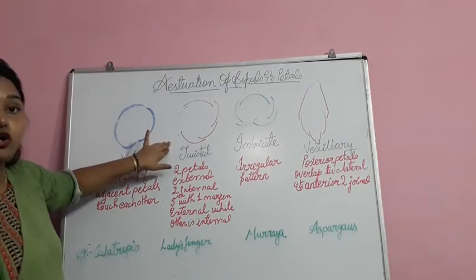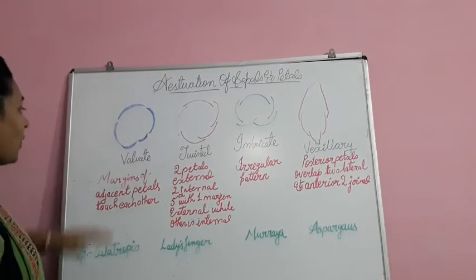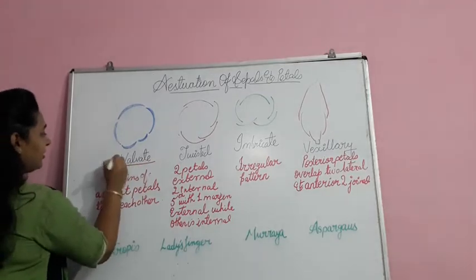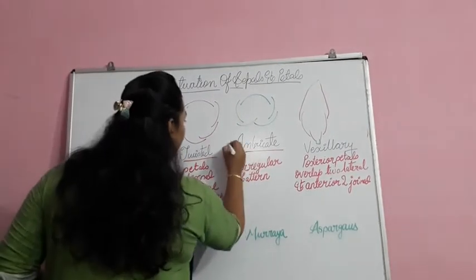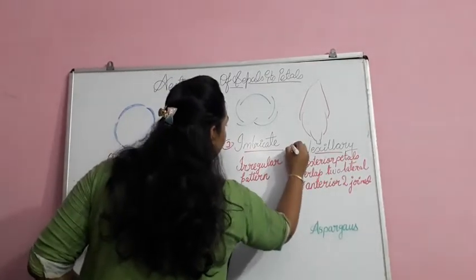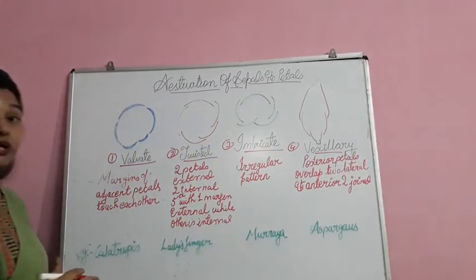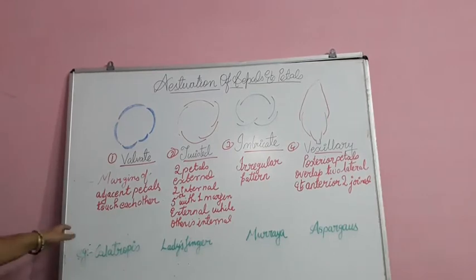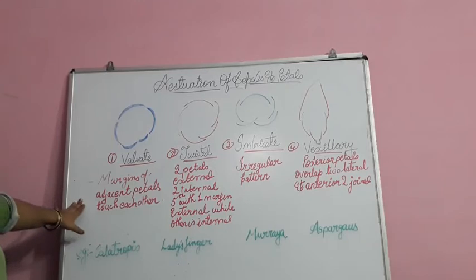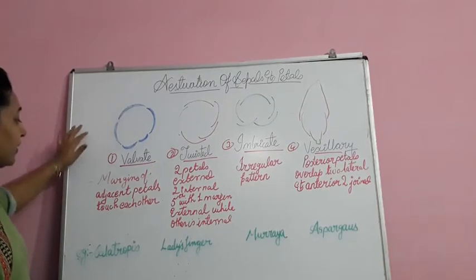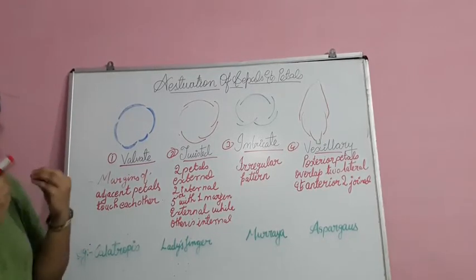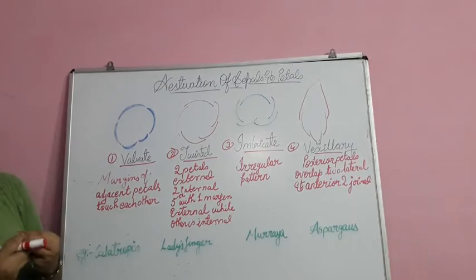So let's start with what it is. Aestivations are basically of four different types: valvate, twisted, imbricate and vexillary. These are the four main kinds of aestivation in flowers. Valvate aestivation is one in which all the petals are there without touching each other.